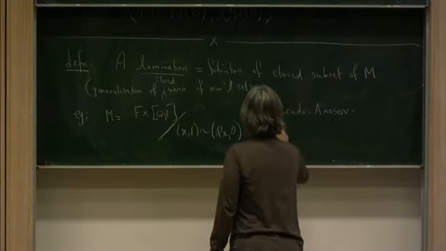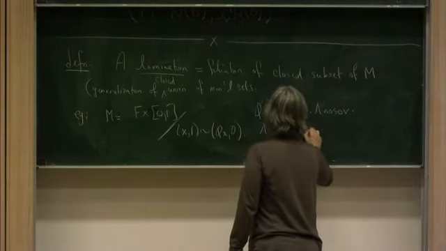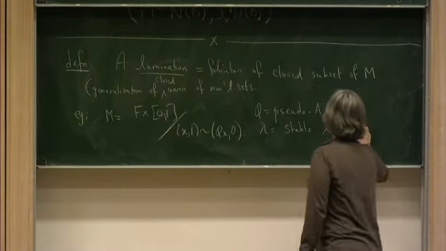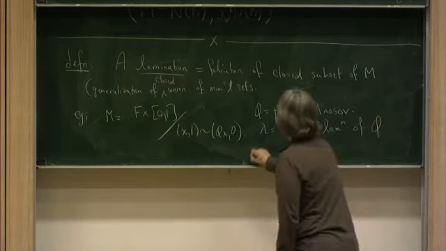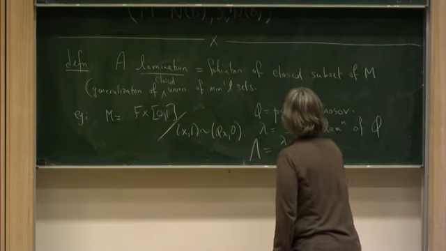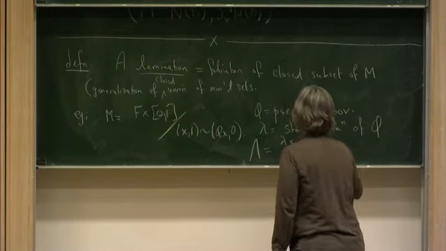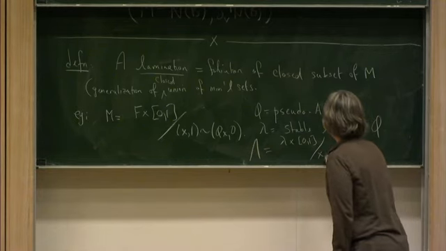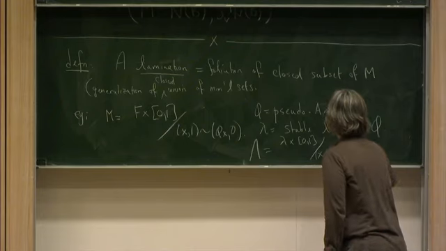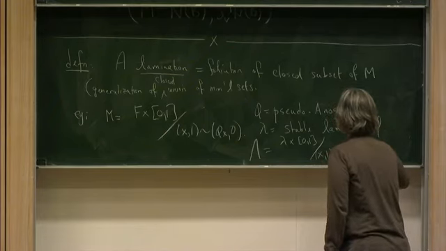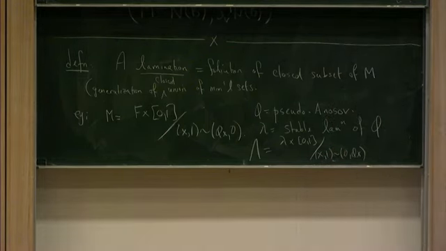So lambda, say, is a stable lamination of phi. Then the suspension lamination of little lambda, unless I've got my lambdas and gammas mixed up, which is possible, is an example of a lamination.